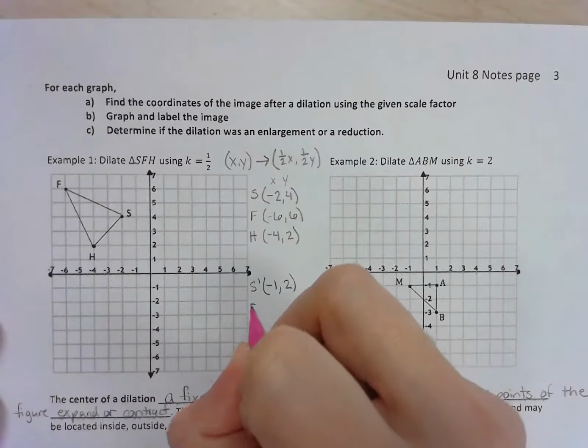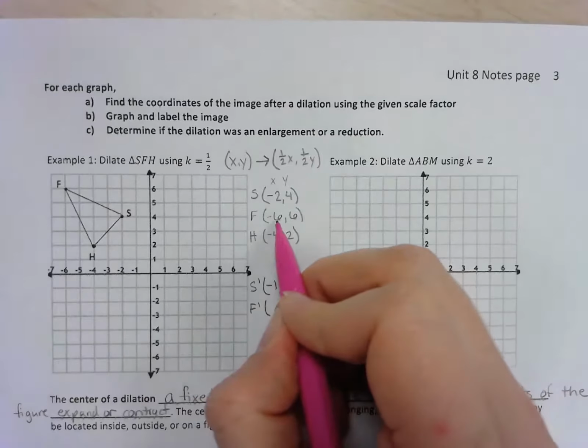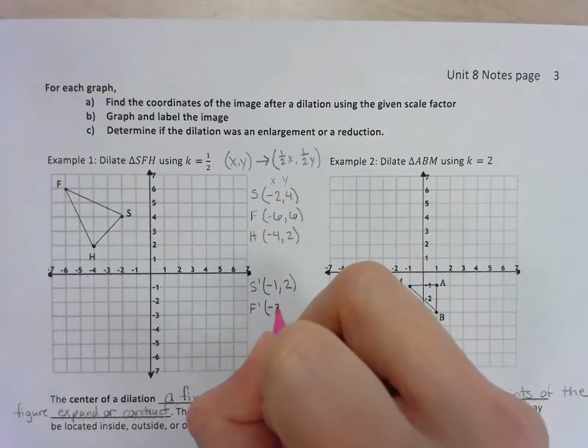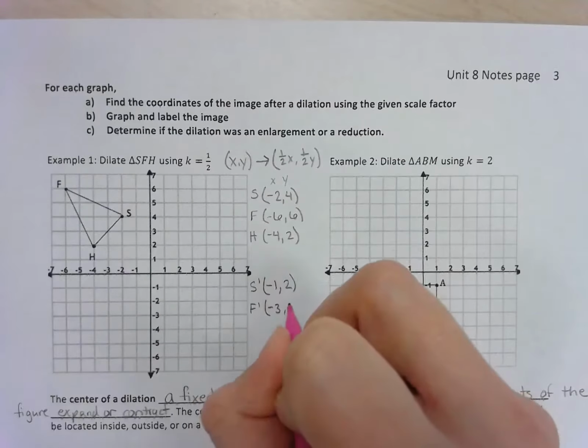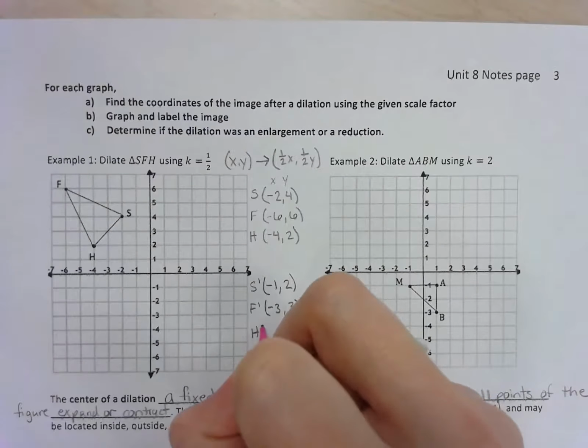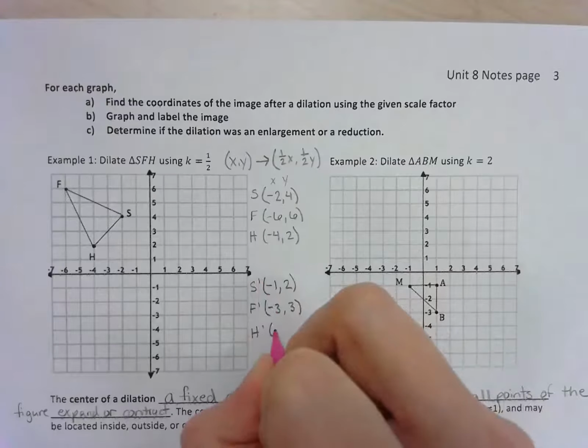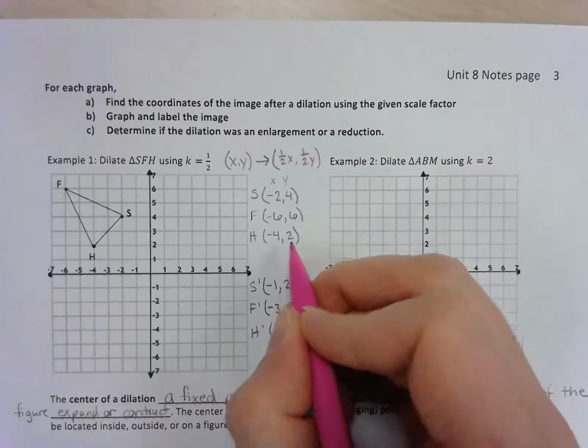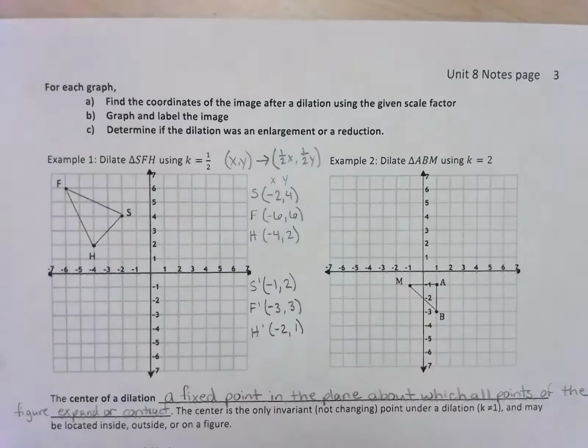For F prime, -6 times 1/2 is -3, and 6 times 1/2 is 3. For H prime, -4 times 1/2 is -2, and 2 times 1/2 is 1. So you just multiply the X and the Y by your scale factor in order to find your new ordered pairs.